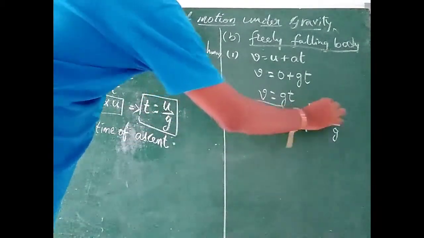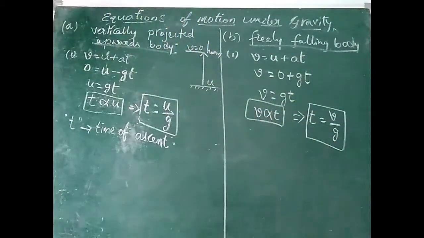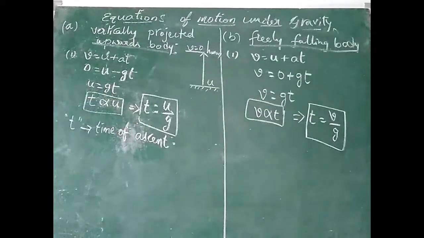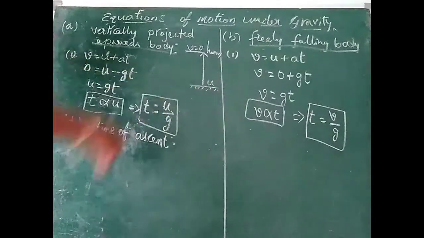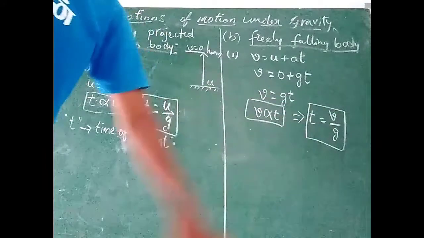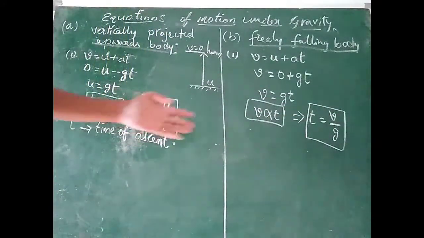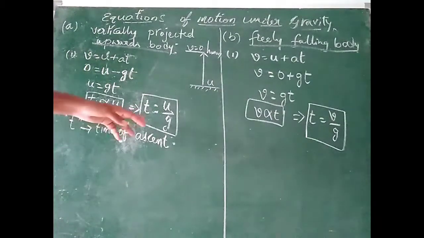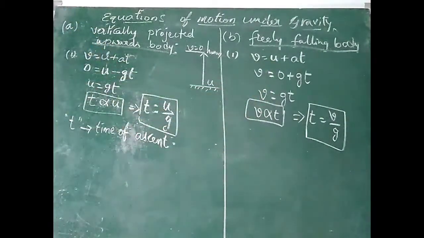And in this case also, t is equal to v by g. If we check both these equations, time of ascent or time of descent, time is equal to velocity by gravity. Here also time is equal to velocity by gravity, but here it is initial velocity and in this case it is final velocity.